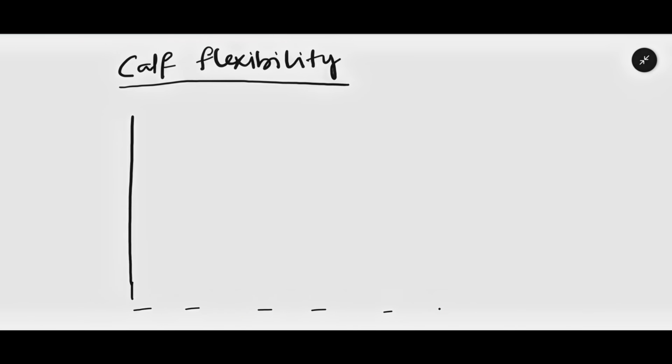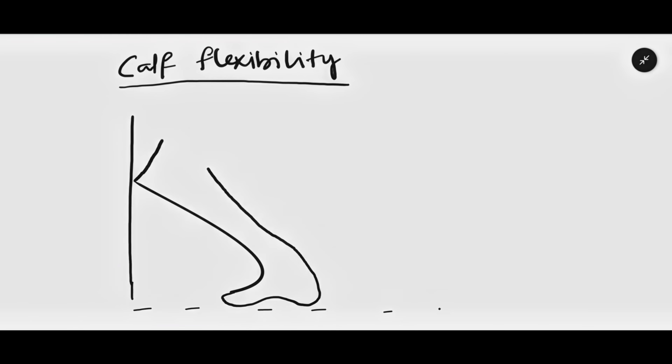So you would place your arms against the wall normally, and then have your foot a certain distance away from the wall, a few inches away. Make sure your foot is flat on the ground. Make sure your heel isn't coming off the ground when you do this.